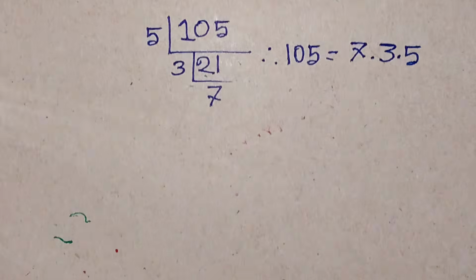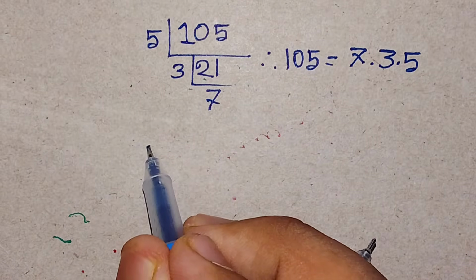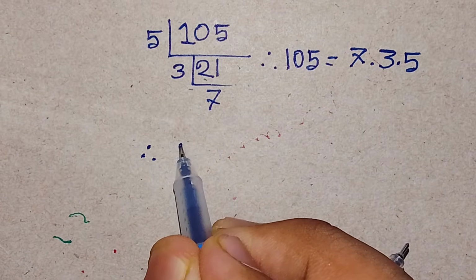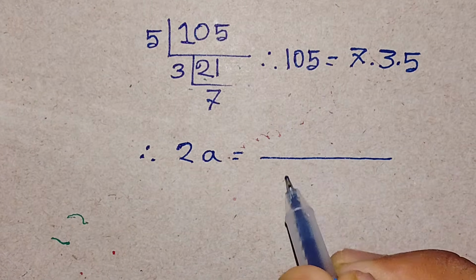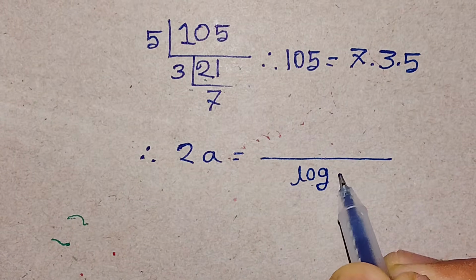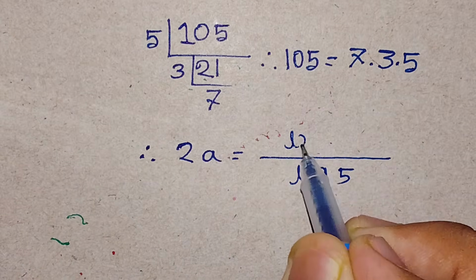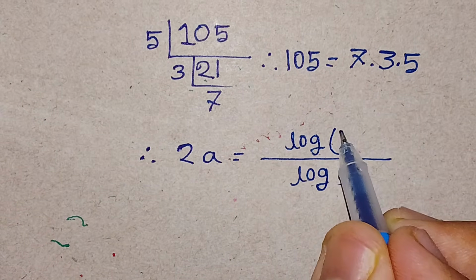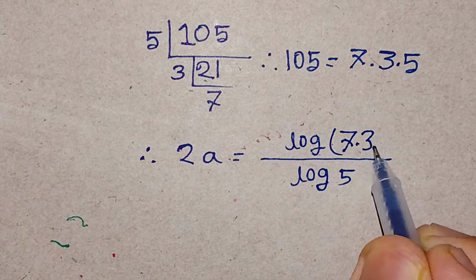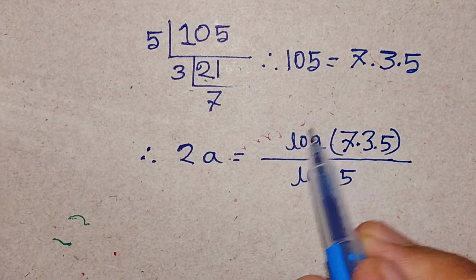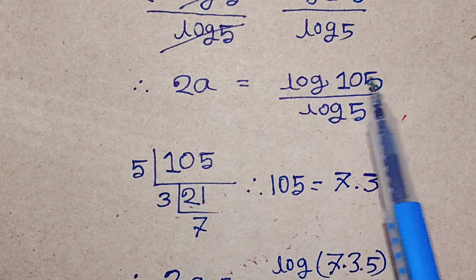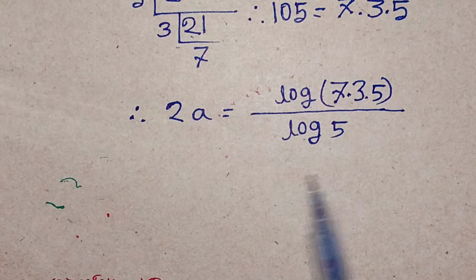So here, if you look carefully, we can write 2a is equal to log of 7 times 3 times 5, divided by log 5.